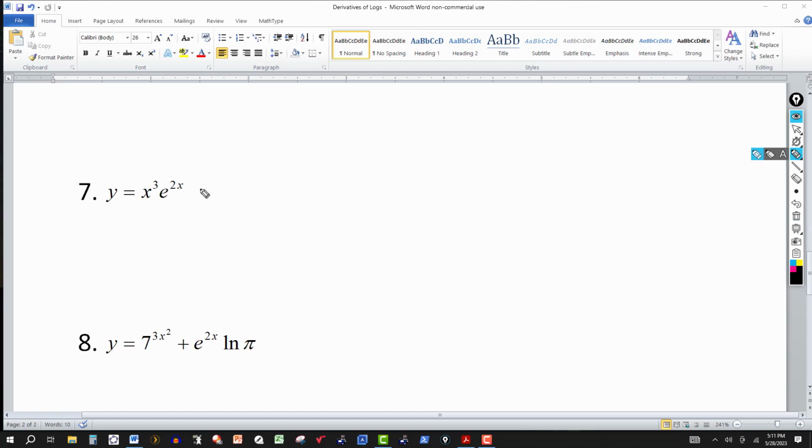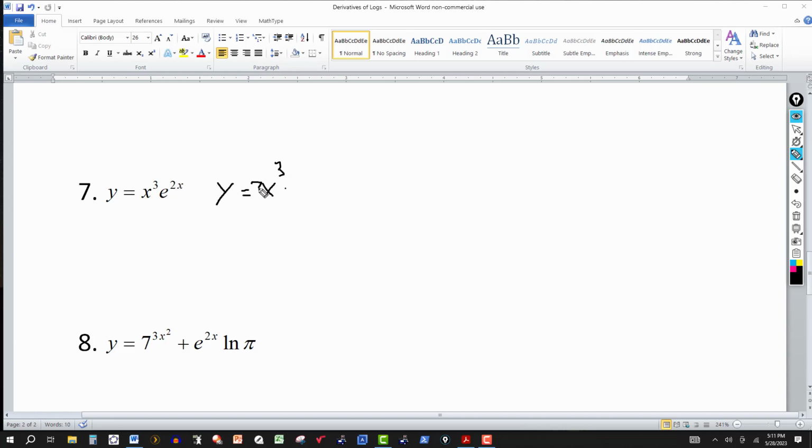And the next one is pretty much just a product rule and using the formula for the derivative of the exponential e. So if we start off with the product rule, it's the first function times the derivative of the second. So that's going to be derivative of e to the 2x is e to the 2x times the derivative of 2x, which is 2.